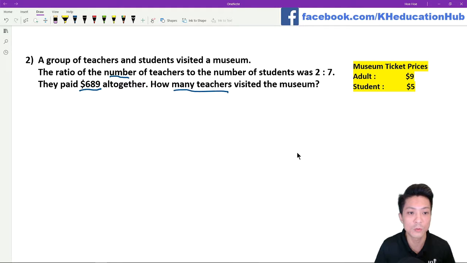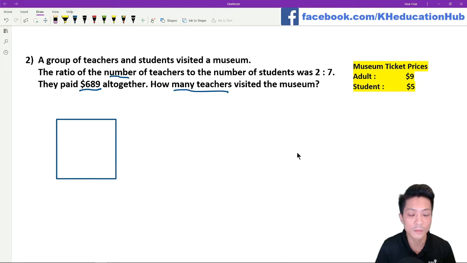So I'm going to draw a box that represents the number of teachers, which is 2 units. Oh, okay, the museum ticket prices are shown over here. Adult is $9 and student is $5.